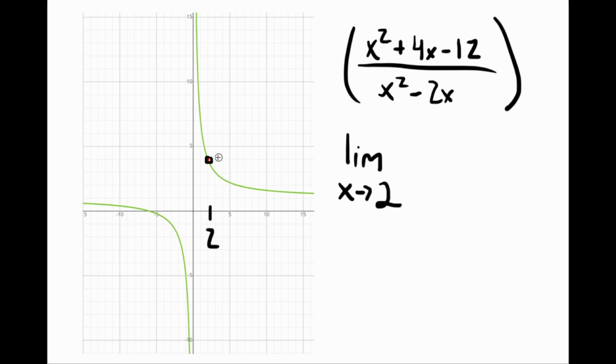And as we can see right here, despite it being undefined, we can clearly state that it's 4, because we see it right there. It is considered undefined, but with limits, the neat thing is that it helps us find the value that the function approaches as x approaches 2.